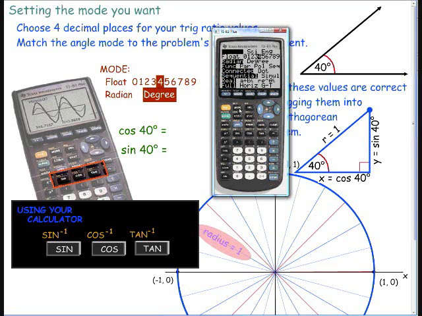Oh, I was in radians, so let me go down here and set this to degrees. Enter. And now I'll do a trig function, sine of, let's see, how about 60 degrees?